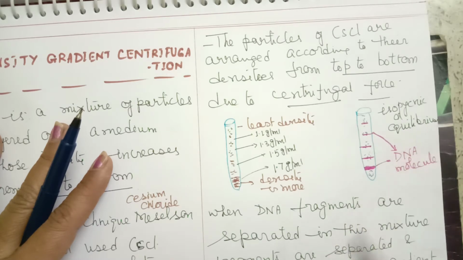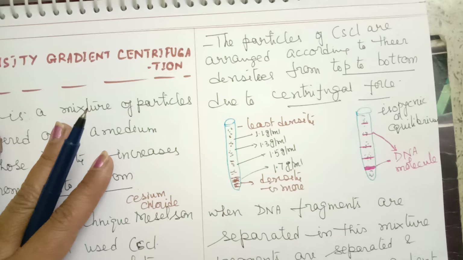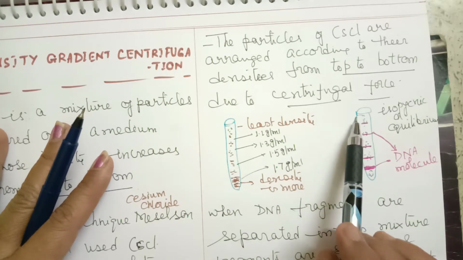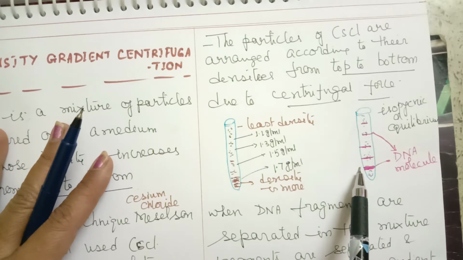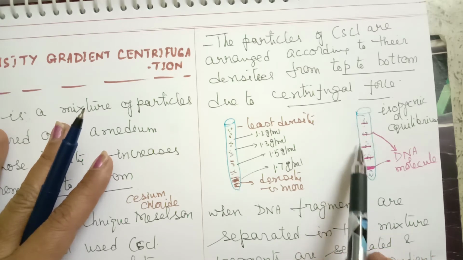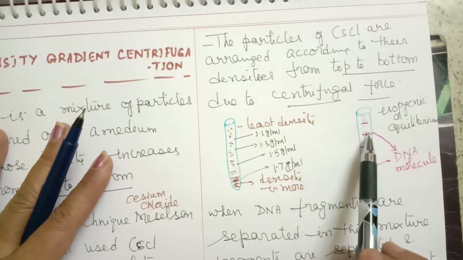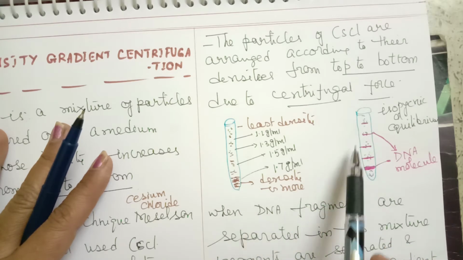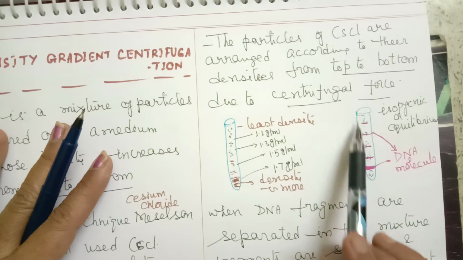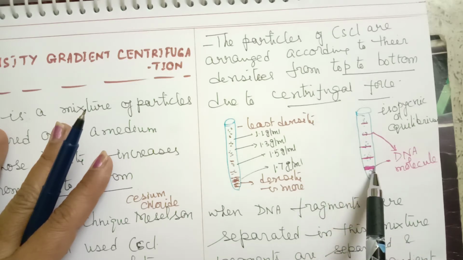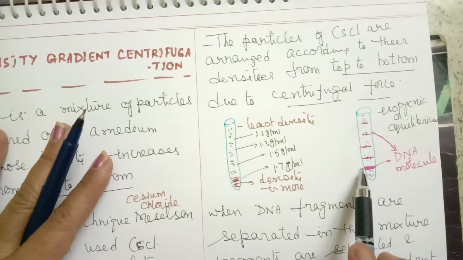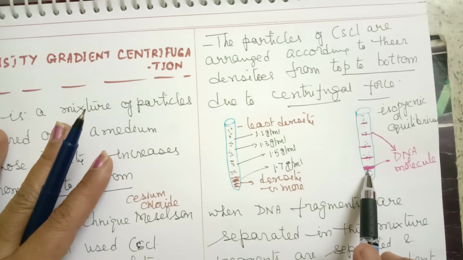Any molecule which has to be separated finds its own density and settles there. Suppose we are using DNA here. The different DNA molecules settle down depending upon whichever density matches. Suppose the DNA molecule has high density, it settles at the bottom.